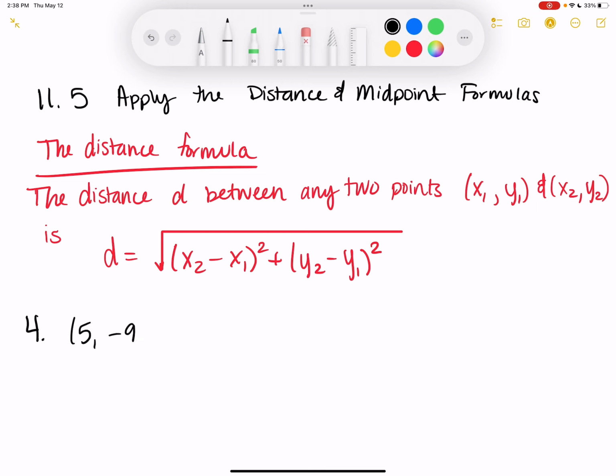5, -9 is the first point, and 8, -9 is the second point. So x1, y1, x2, y2.